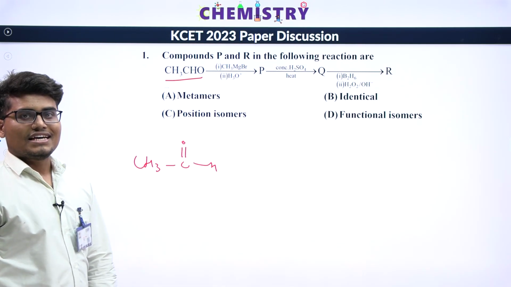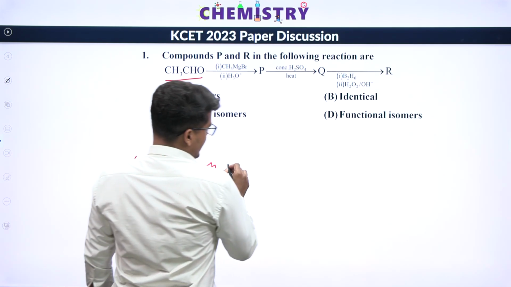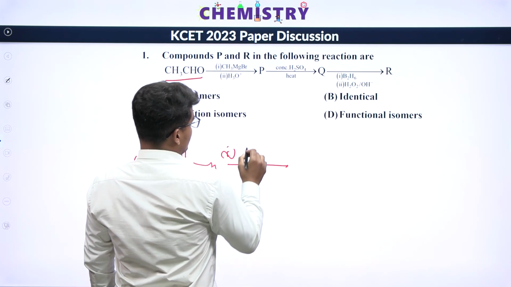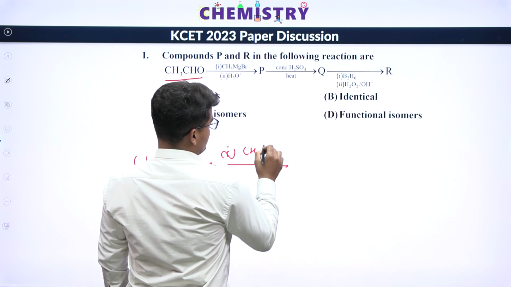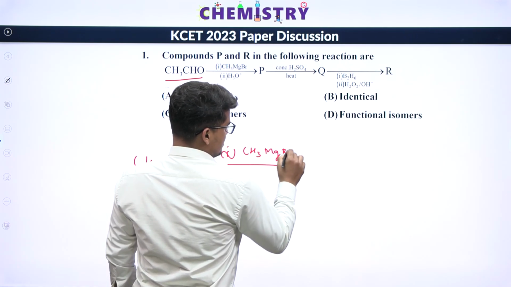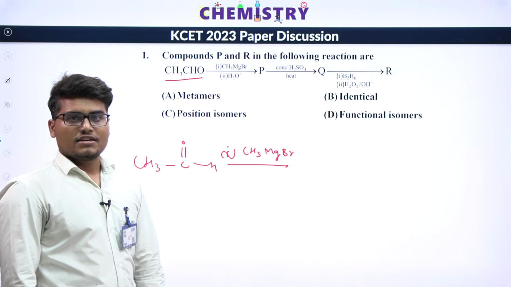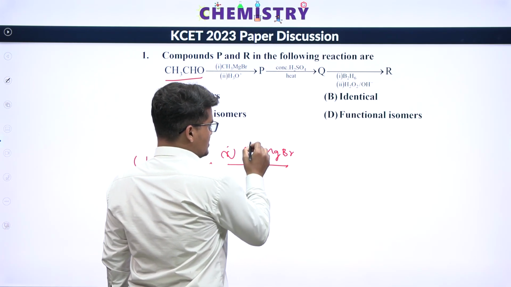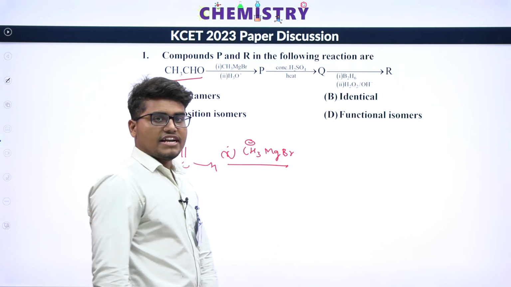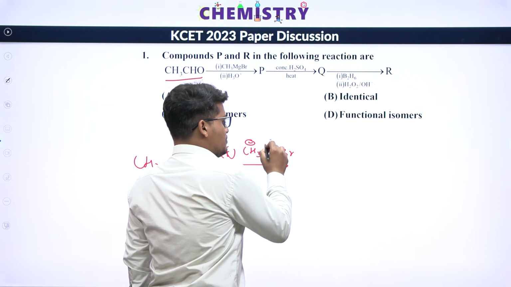Now they have reacted it with the Grignard reagent, CH3MgBr. Here CH3 has a negative charge and magnesium has a positive charge.